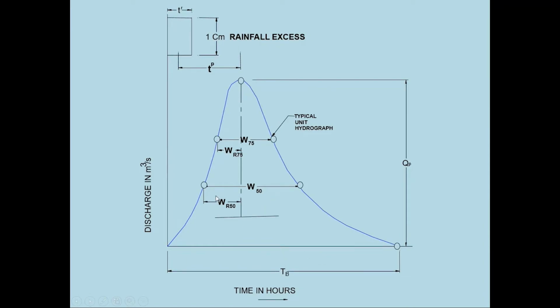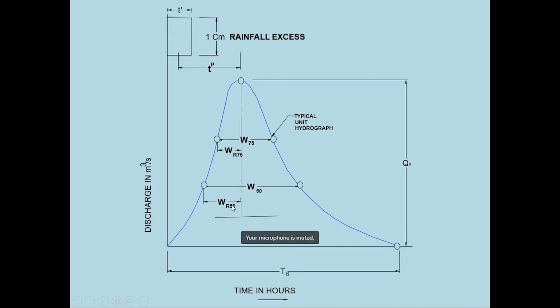W50 is the width of the hydrograph at 50% of the discharge. If QP is 100, then at the 50 level, the width of the hydrograph is W50, and the width of the rising limb is mentioned as WR50.